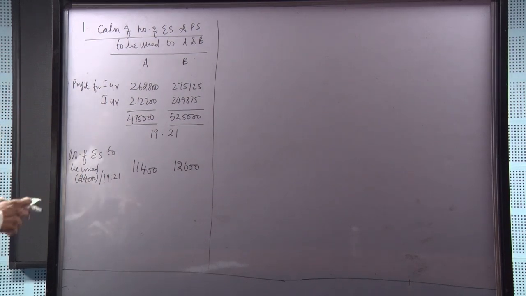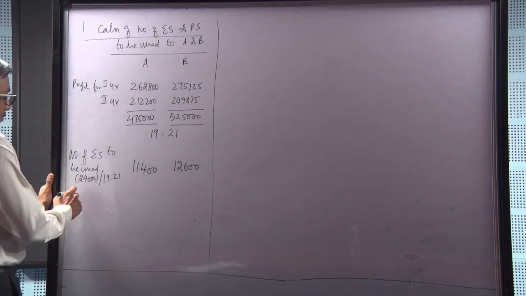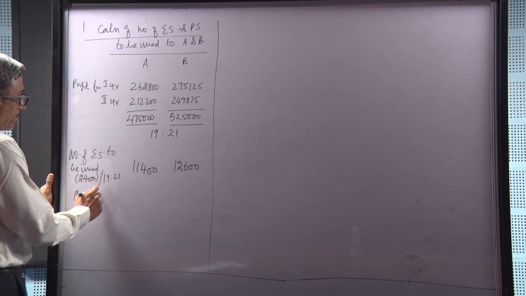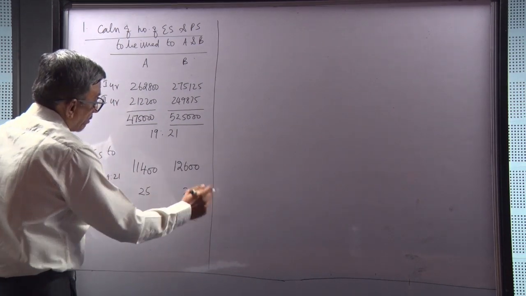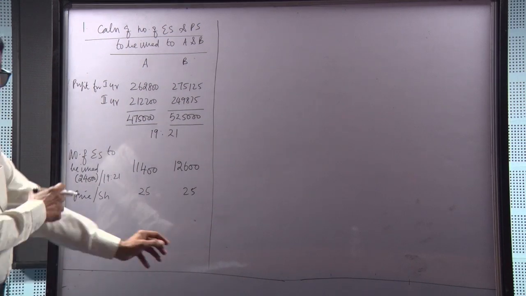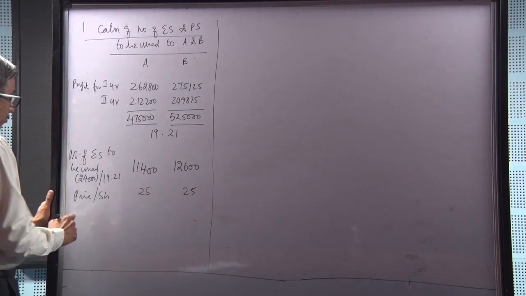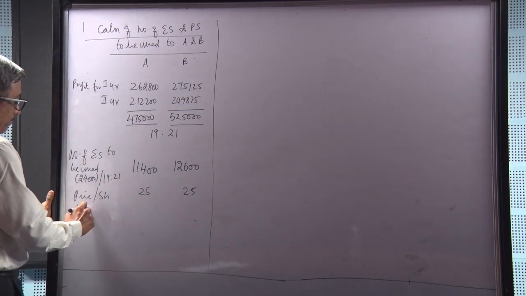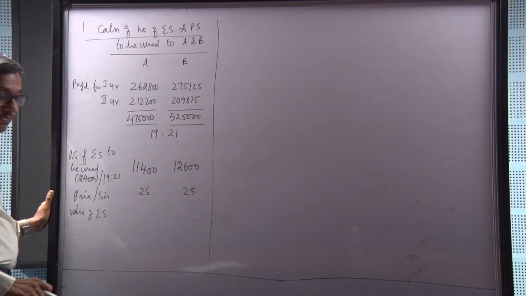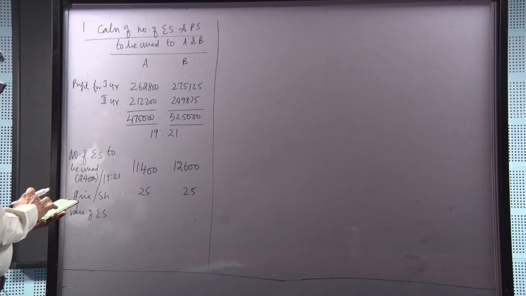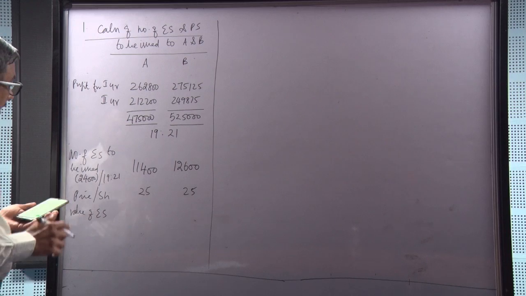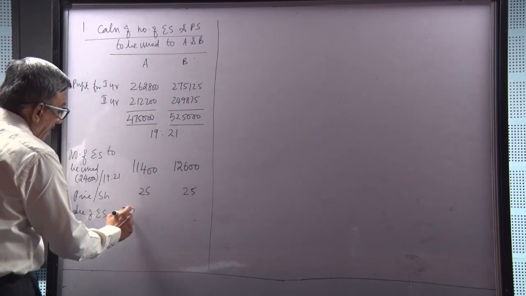Total 24,000 shares. Now what is the rate per share or price per share? That is rupees 25 given in the question. So therefore, the value of equity shares issued is equal to 11,400 into 25 for A, that is rupees 2,85,000.